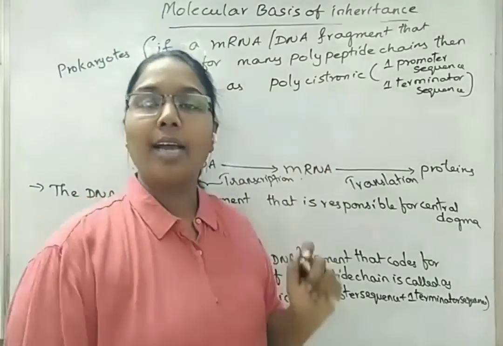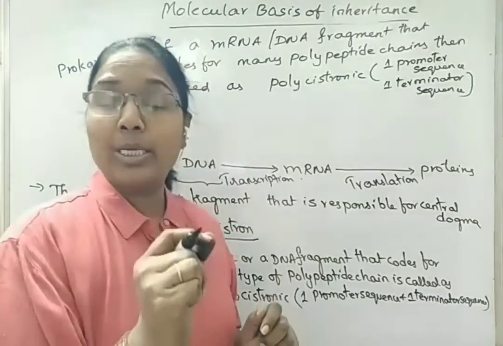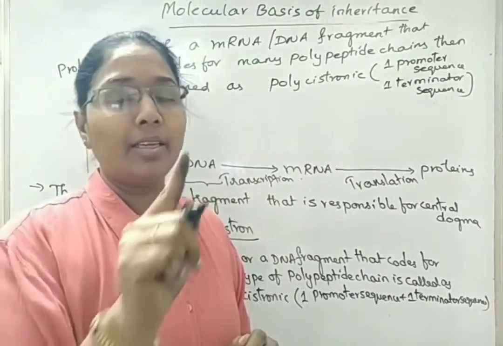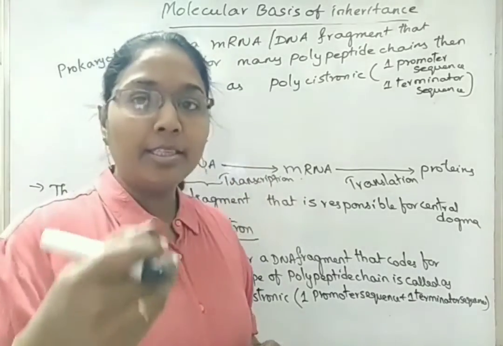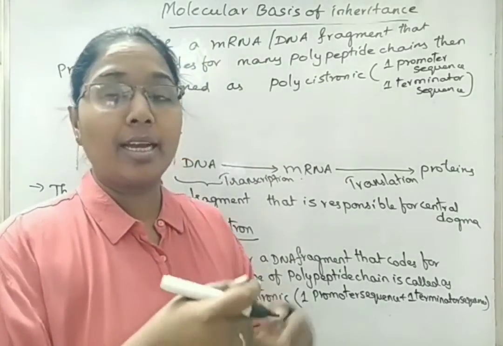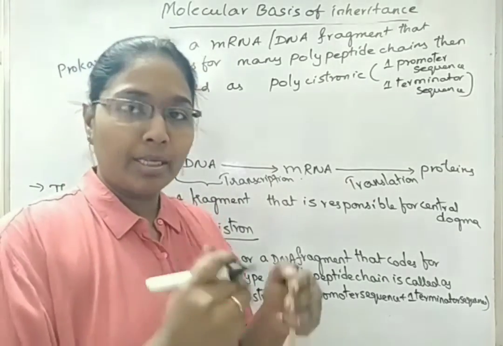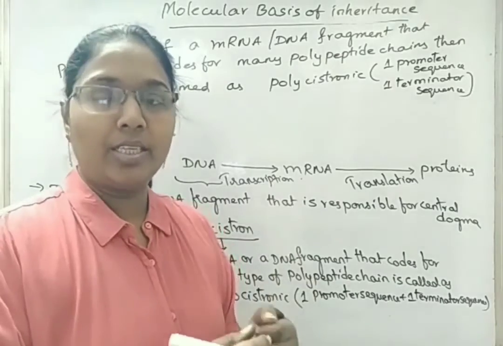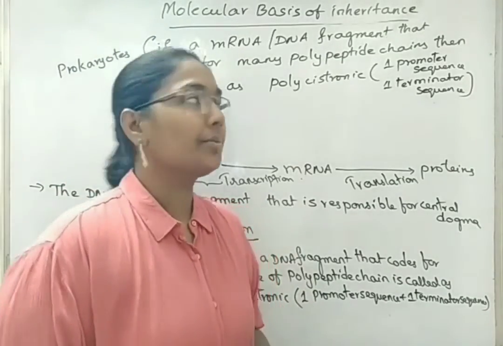It is having adjacent, side-by-side arranged sequences. One mRNA is having only one promoter sequence, but again there are many nearby sequences which can come and bind onto the mRNA to carry on. The mRNA is one, but the gene keeps on changing. That type of genes are called contiguous genes.